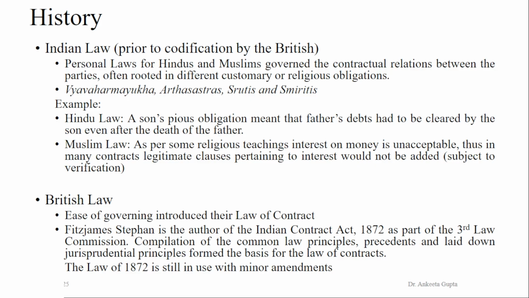And prior to that, in India, we only had the concept of personal laws or religious connotations or customary laws or customary methods which governed the modicum of entering into agreements between the different parties.